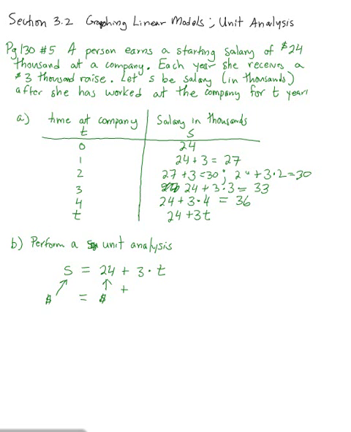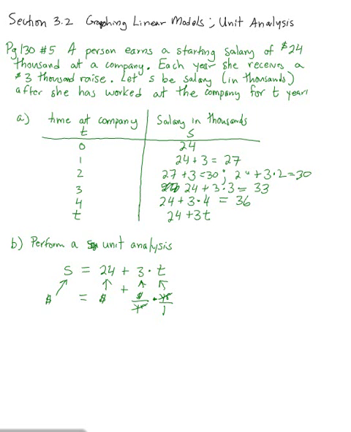So this 3 right here is really money per year. She gets $3,000 every year. This T right here, this is years. So think of years as being years over 1. And notice that year will cross out with year, and so we really do have money plus money. So on the left we have money, on the right we have money plus money.